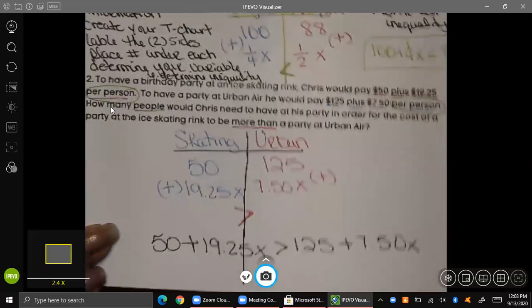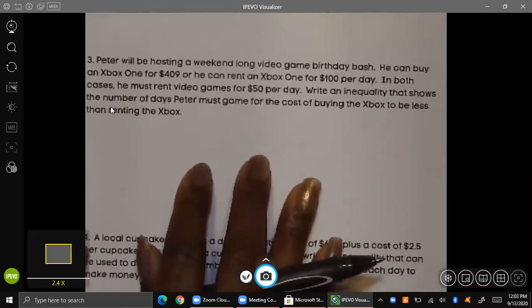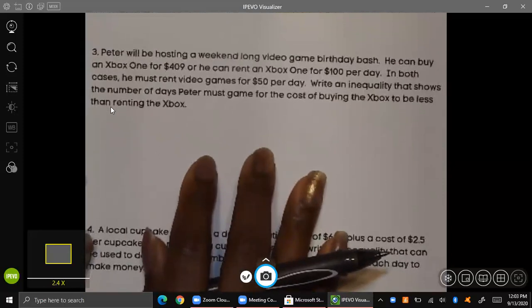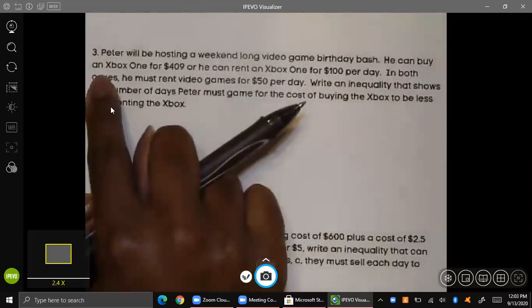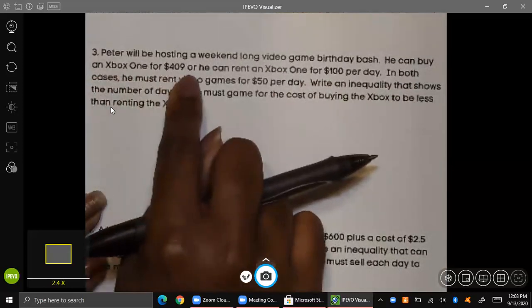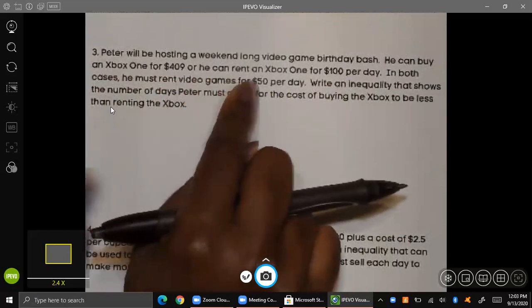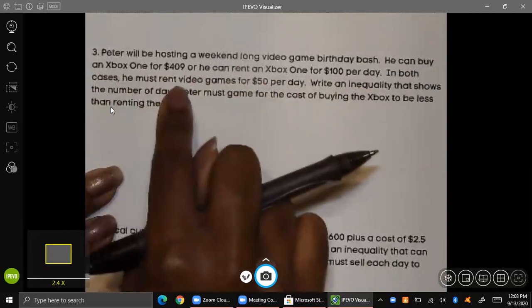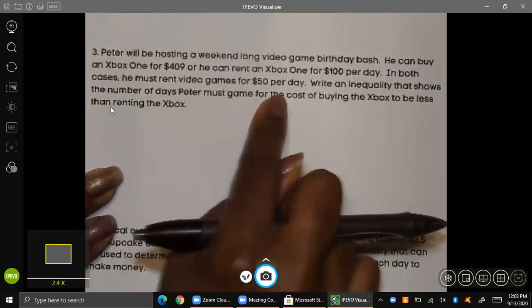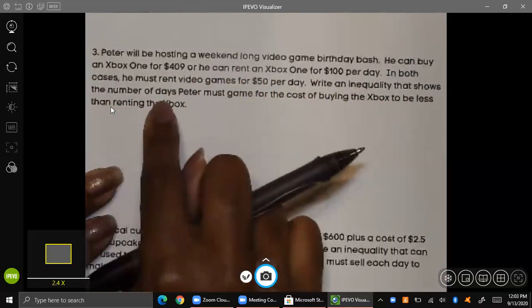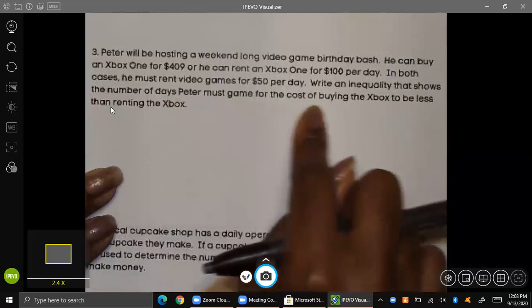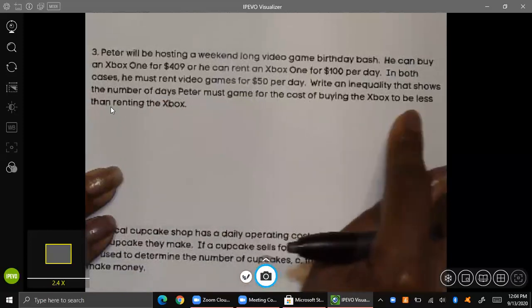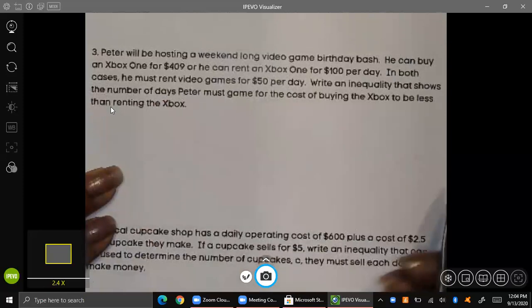Number 3. Peter will be hosting a weekend-long video game birthday bash. He can buy an Xbox One for $409, or he can rent an Xbox One for $100 per day. In both cases, he must rent video games for $50 per day. Write an inequality that shows the number of days Peter must game for the cost of buying the Xbox to be less than renting the Xbox.